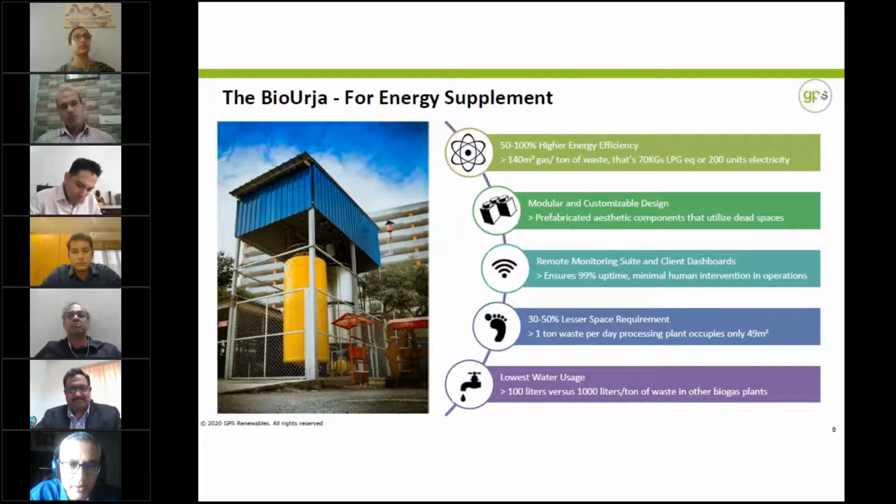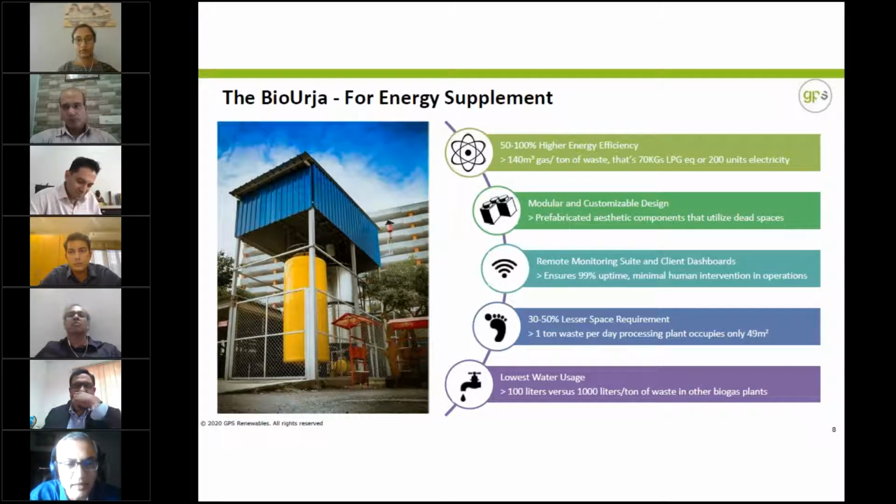If the same volume has to generate power through a biogas genset, what we generate is 200 units of power daily. For generating this quantum, the space requirement is what is most interesting. This 1 ton, generating either 70 kilos of LPG replacement or 200 units of power, requires 500 square feet of space, maybe 600. But that is a typical number that you can keep in mind.